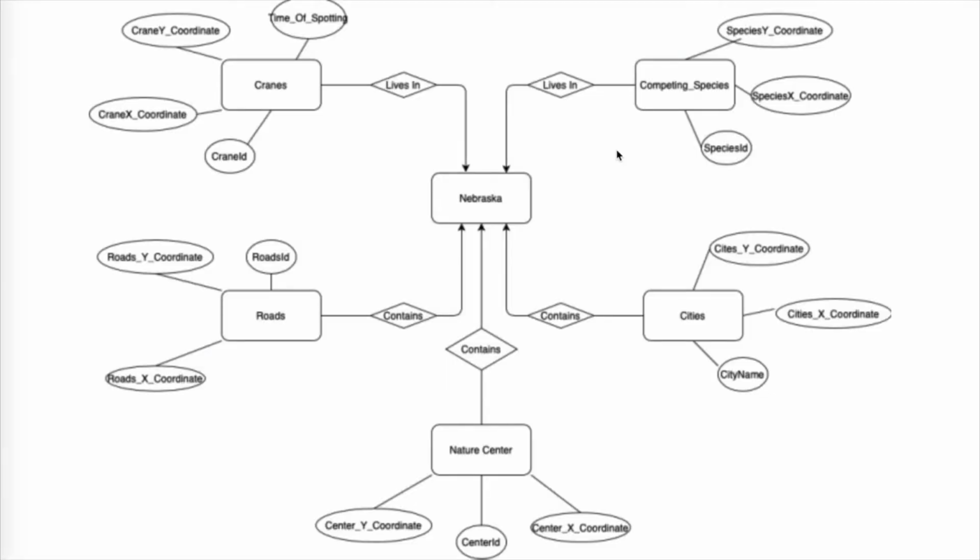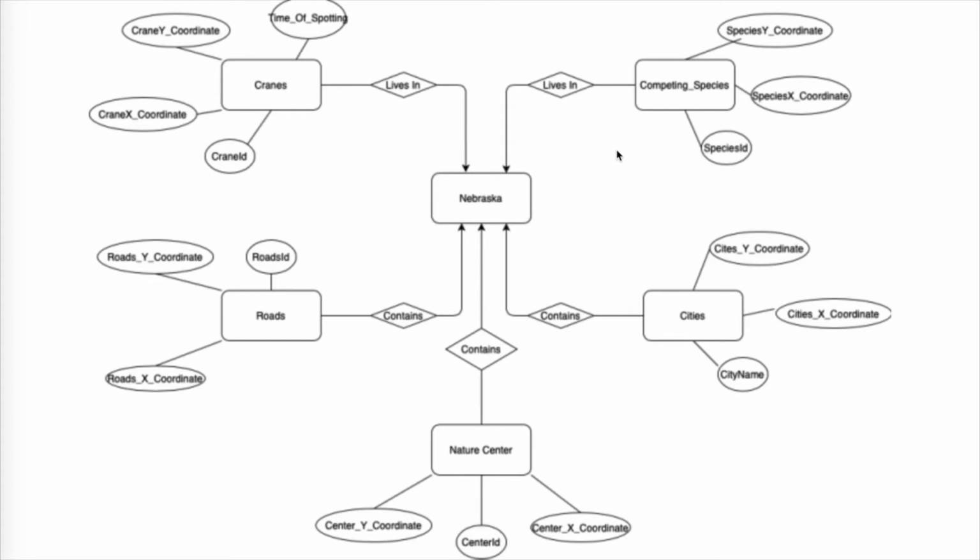This is the ER diagram for our project. It mainly consists of 6 tables to create the visualization of whooping crane migration within Nebraska. The cranes dataset contains the data regarding spottings of whooping cranes.